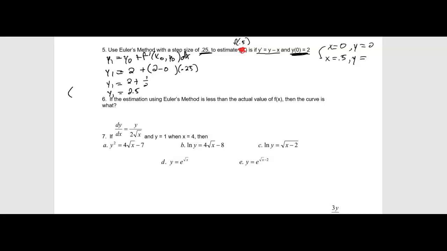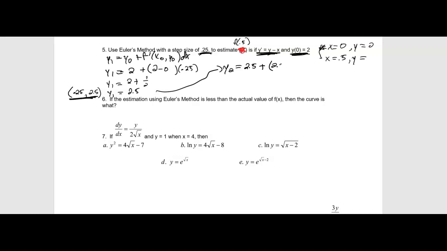Over here, we kept track of where we are now. We know for sure our y value is 2.5. We just found that. But if I had started at 0, which I did, and my step size is 0.25, that means my x coordinate is 0.25. So we would do one more. The new y value is the 2.5 plus the derivative, so same formula, y minus x. We're just using this point now.